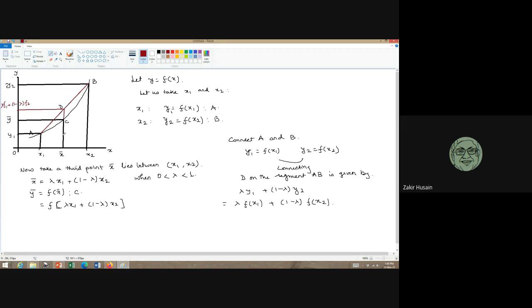Now tell me, f of x bar is this, and what is D? D is lambda times f1 plus 1 minus lambda times f2.